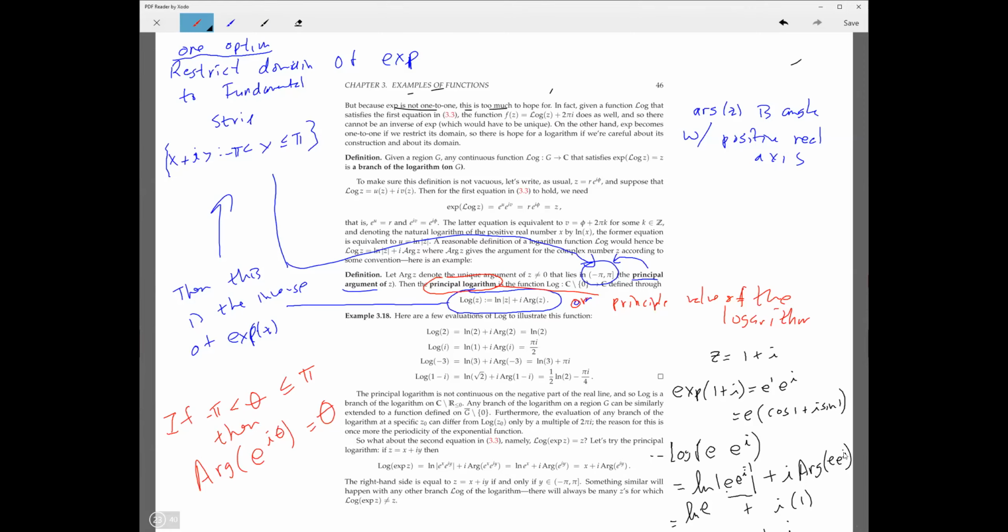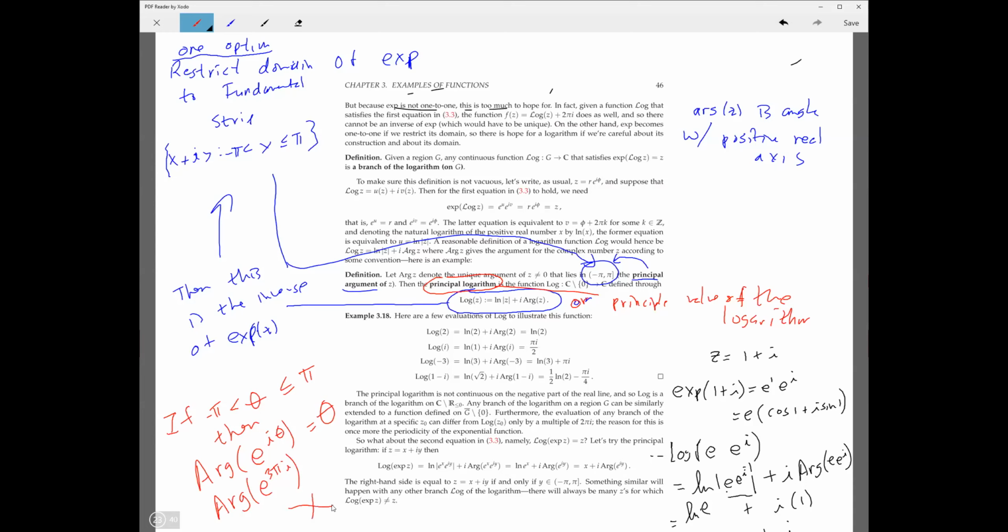So since that's a 1i, the argument is 1. Now, here's where it gets a little bit tricky, when theta is not between negative pi and pi. So let's say you're looking at the principal value of the argument of e to the 3 pi i.